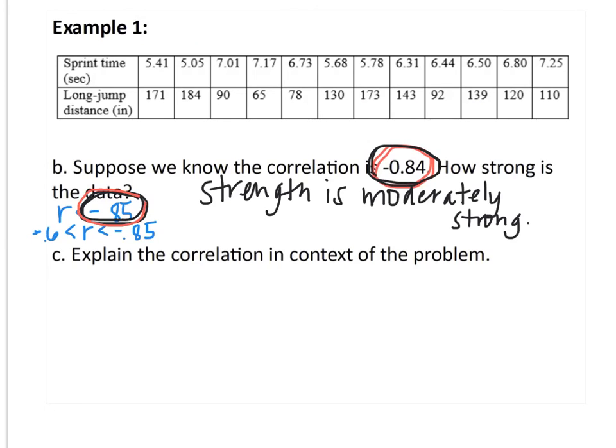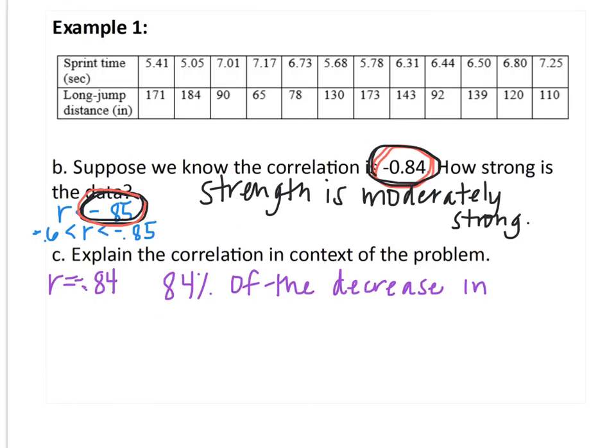Well, correlation is negative 0.84 in this example. So if I think about putting that in that template format, I can say 84% of the decrease, since it was a negative association, so 84% of the decrease in my y. Well, what is my y? My y is the long jump distance.